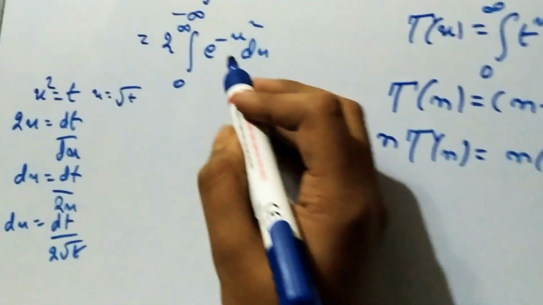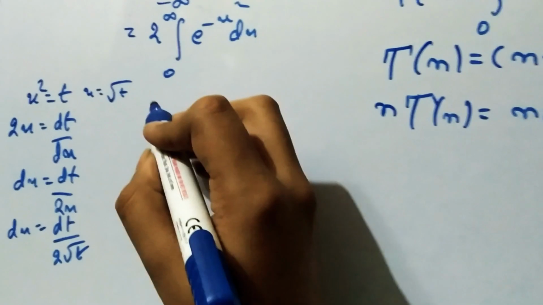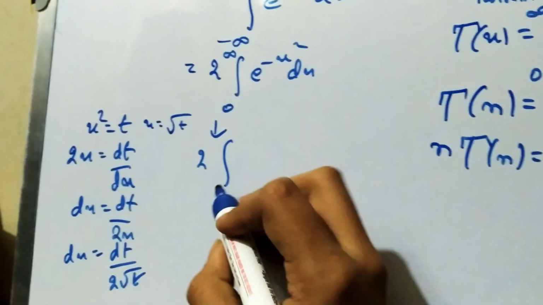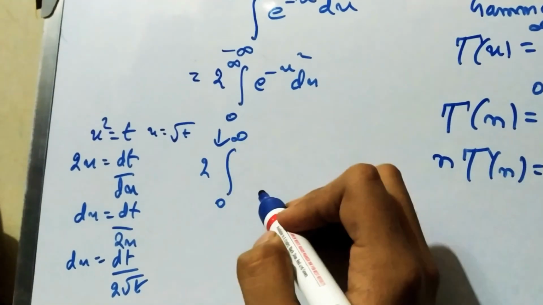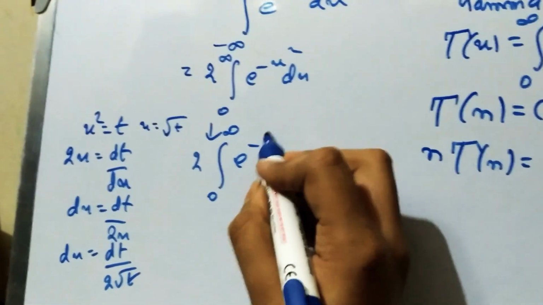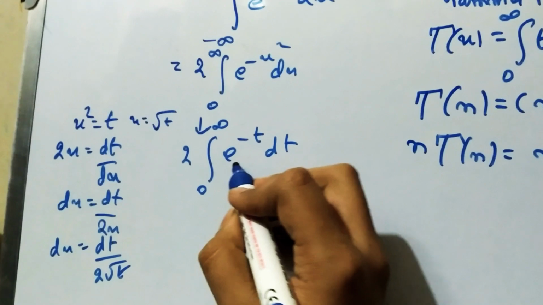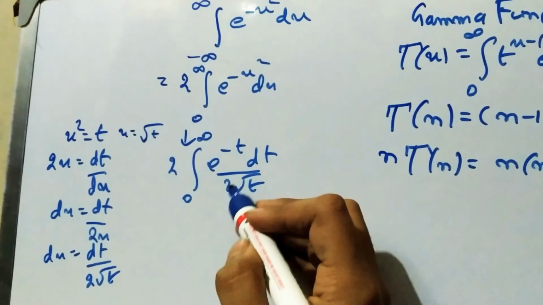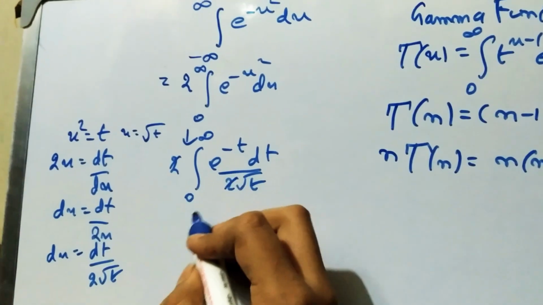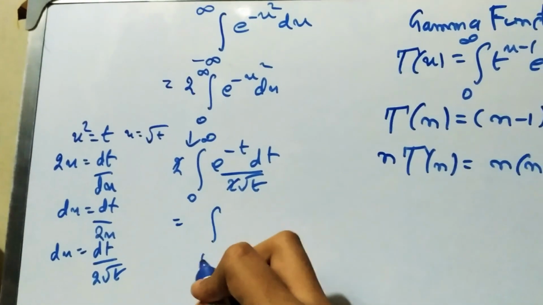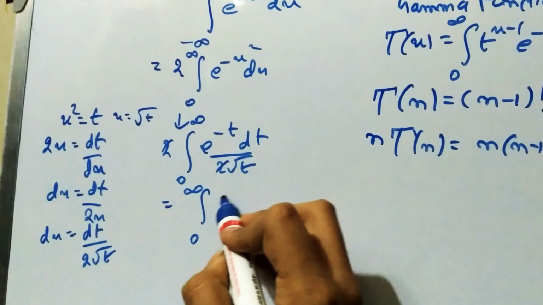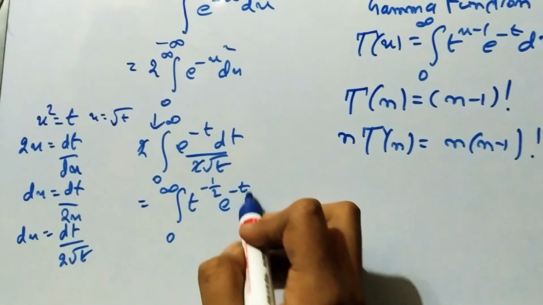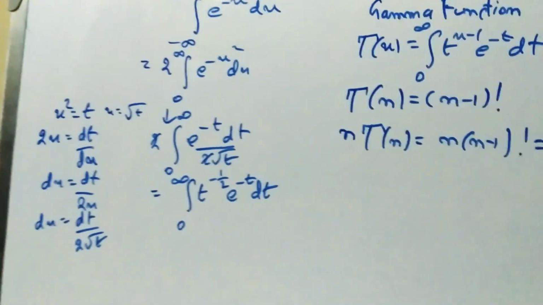Now we're just plugging in the values of x over here. So this will give you 2 times the integral from 0 to infinity e to the power of minus t dt over 2 root t. Now we can cancel these 2s and finally get an integral like this: t raised to the power of minus half, e to the power of minus t dt.